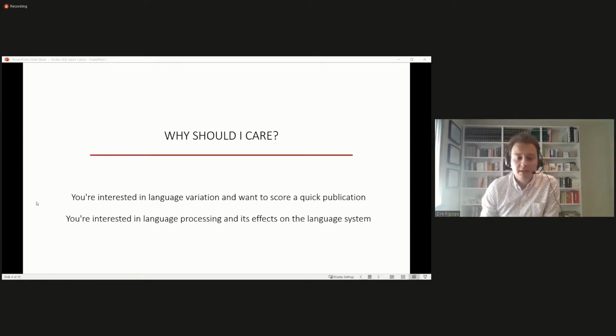As I'll explain in a minute, constructional contamination is crucially based on the theoretical assumption that language users are capable of storing larger chunks of language, so multi-word units of language, as unanalyzed wholes in their memory, and then also accessing these chunks of languages when they're producing language themselves. All right.